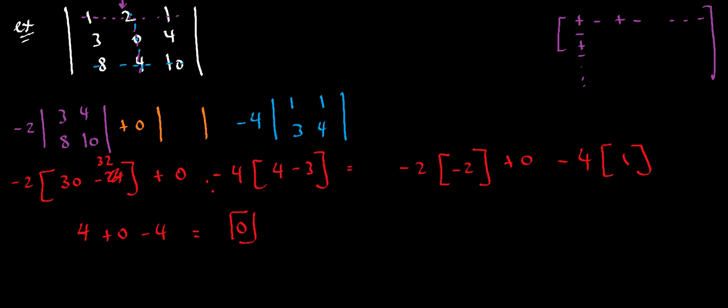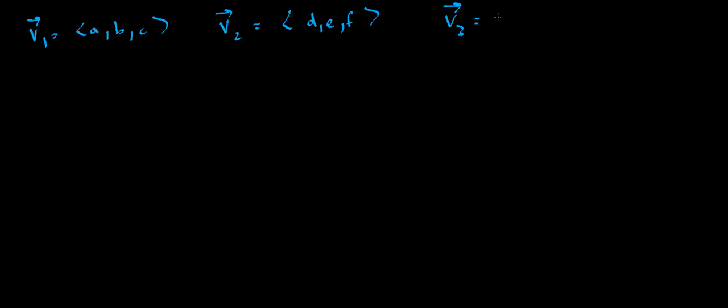Alright, so what does the determinant of a 3 by 3 matrix represent? Let's say you're given 3 vectors, v1, which has the components a, b, and c, v2, which has the components d, e, and f, v3, which has the components g, h, and i.